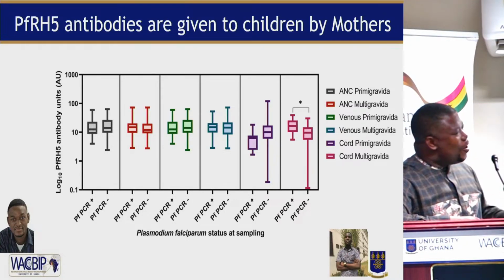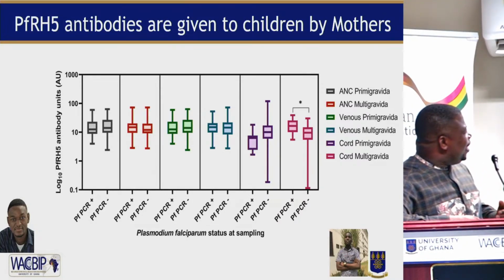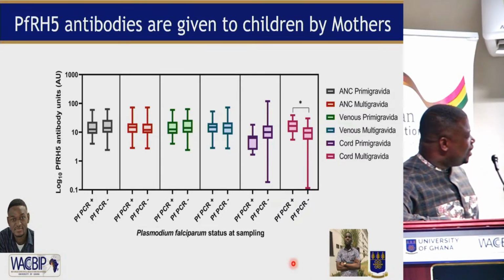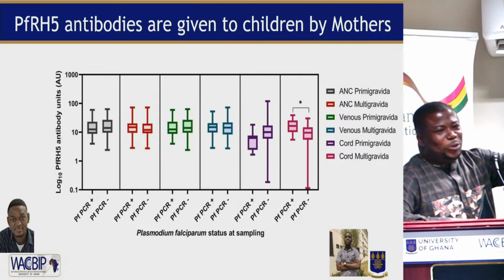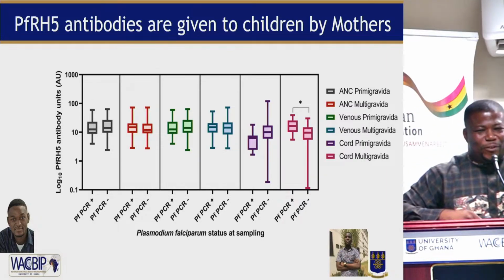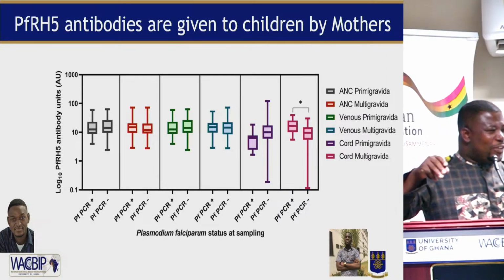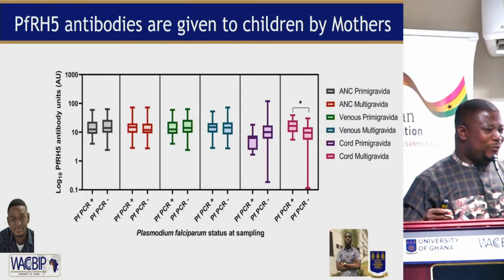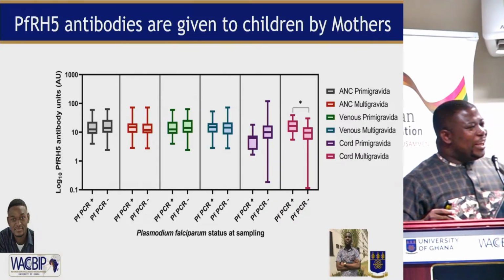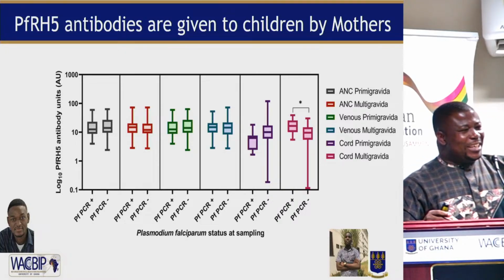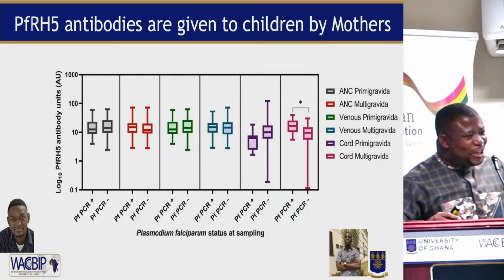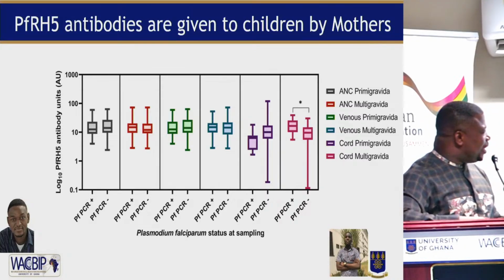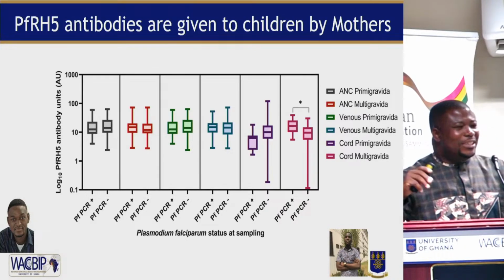But one particular thing that has been our individual motivation in RH5 is that if we sample all of us and ask the simple question, how many of us have antibodies that see this RH5? Very, very few of us. But if there is any one of us here who sees this protein more, you'll be more protected. So if we look at adults, it's easy.